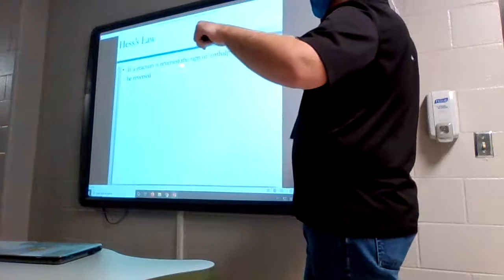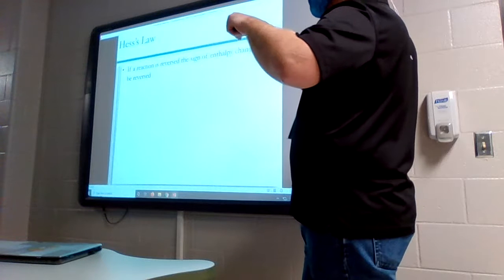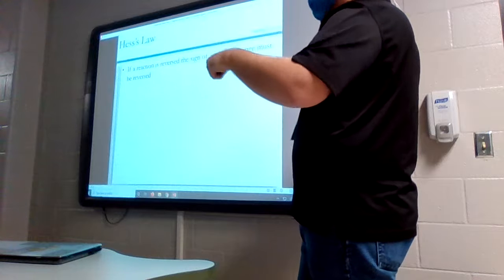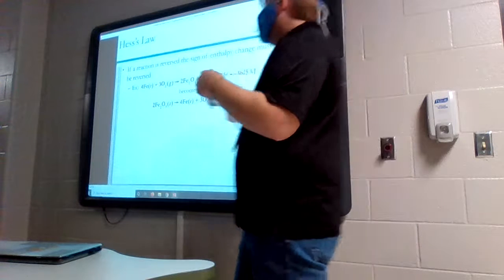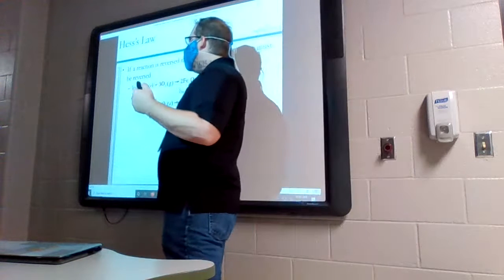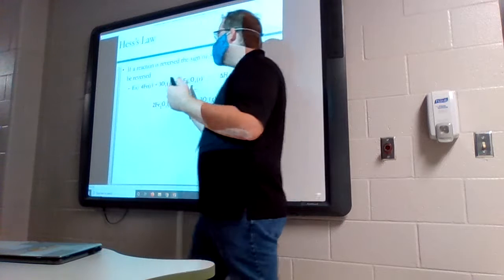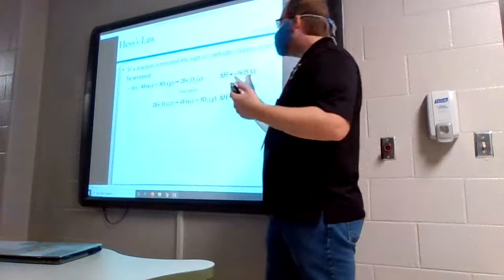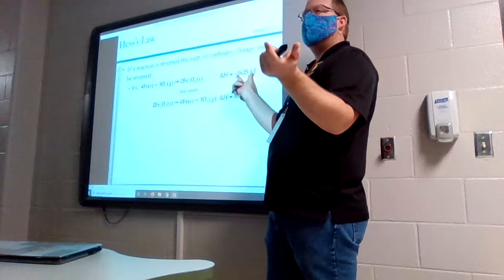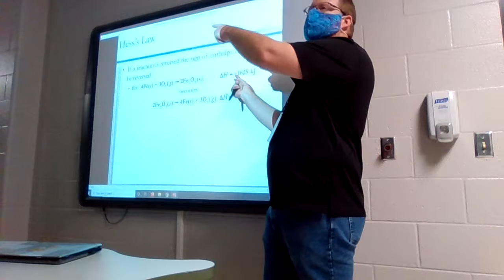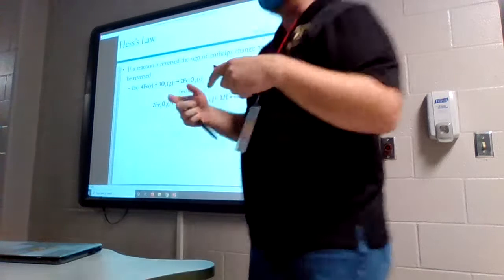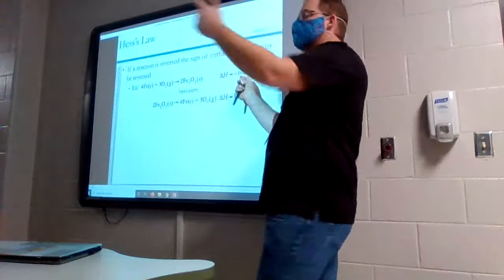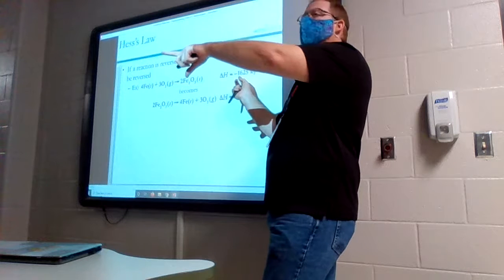If a reaction is reversed, the sign of the enthalpy change must be reversed. Their example is going to be like this. If I have this reaction, iron plus oxygen goes to iron oxide, that's going to equal negative 1625. Is that exothermic or endothermic? It's exothermic because the heat is leaving, right?